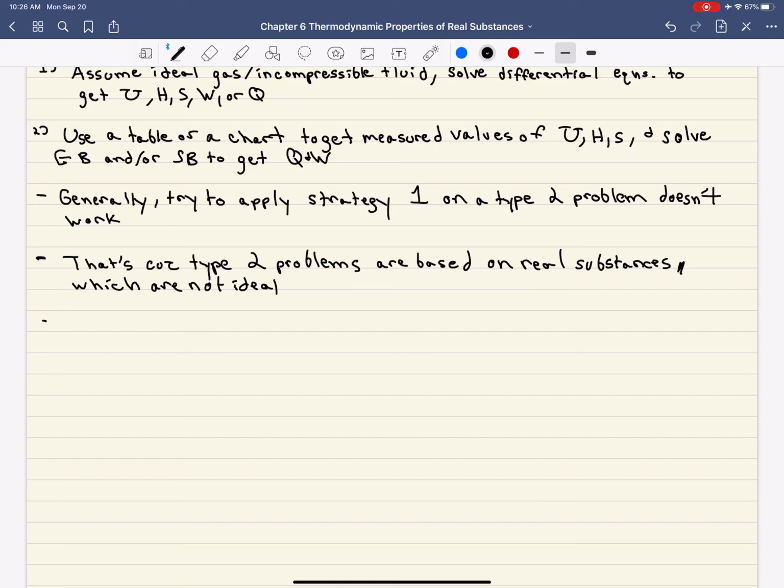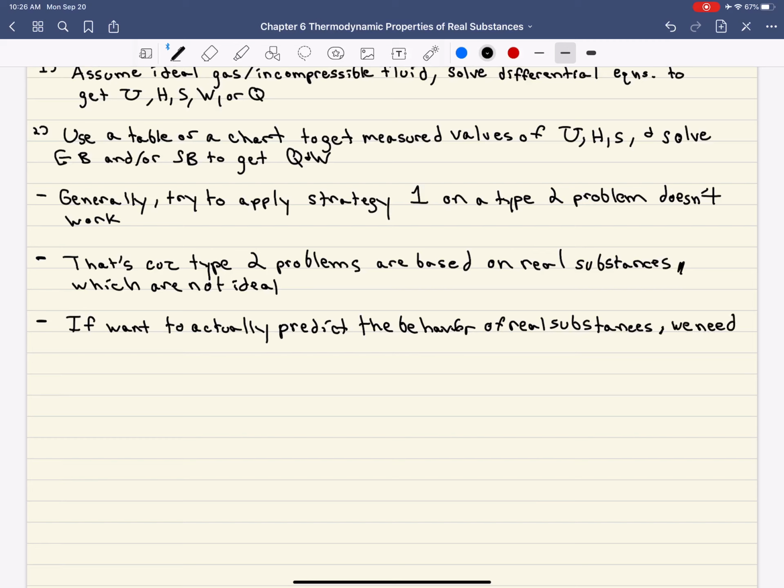All right? And so if we want to actually predict the behavior of real substances, we need to be using models that actually account for these different types of molecular phenomena, that account for interactions and account for the actual volume of molecules.